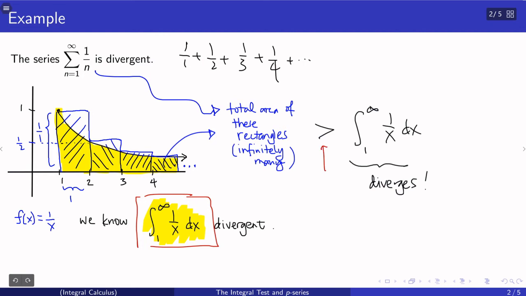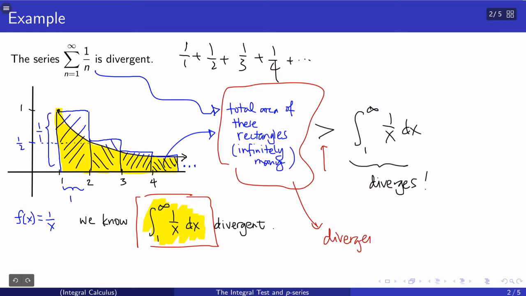Because of the direction of this inequality, that means the total area of these rectangles is also not going to be a finite value, right? Because otherwise, if the series were convergent, then this improper integral would be convergent as well, because it represents an area that's smaller than the total area of all the rectangles, right? Therefore, this series is a divergent series.